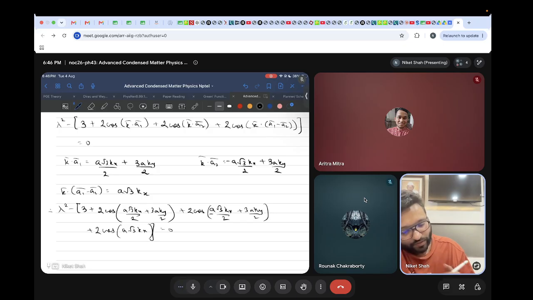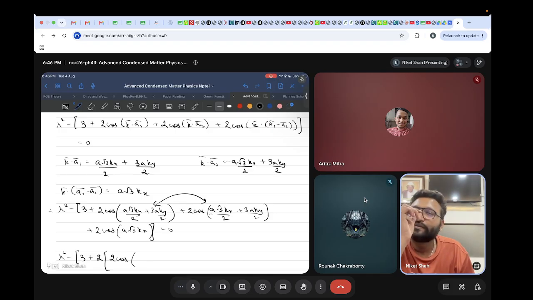Now cos a plus cos b, so lambda square minus 3 plus 2, cos a plus cos b is 2 cos a plus b by 2. That's correct, right?